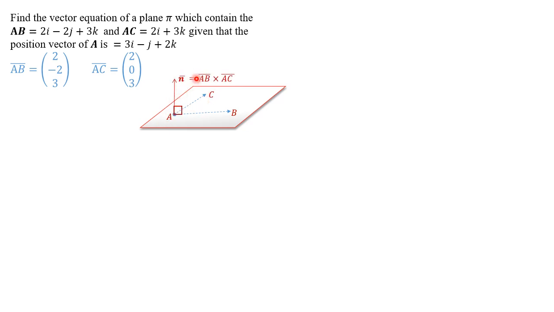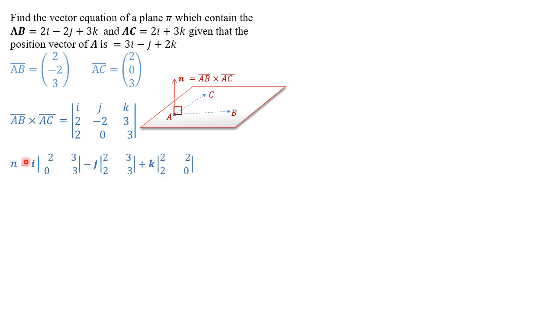The normal vector is a vector perpendicular to the plane, because it's perpendicular to AC and also perpendicular to AB. And remember, AB and AC are the vectors which are in the plane. So we are going to perform the cross product to find the normal vector. For the cross product, we just write i, j, k and place the first vector AB and then AC.